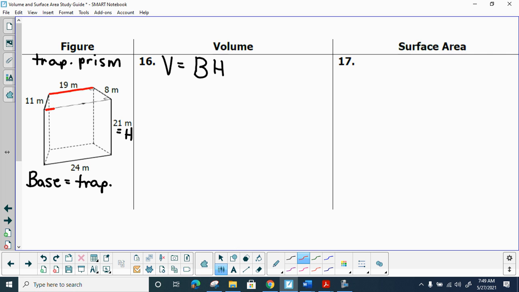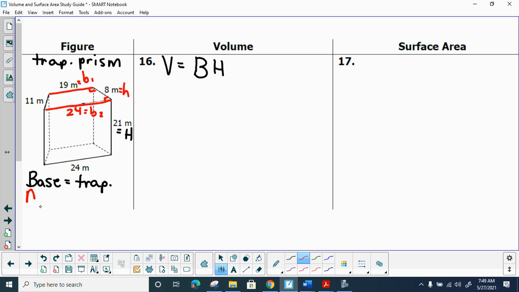We don't know this base. Yes, we do. It's 24. And we have a perpendicular to both of those bases, which is 8. So that's the little h, the height of my trapezoid. We have base 1, 24 is our base 2.